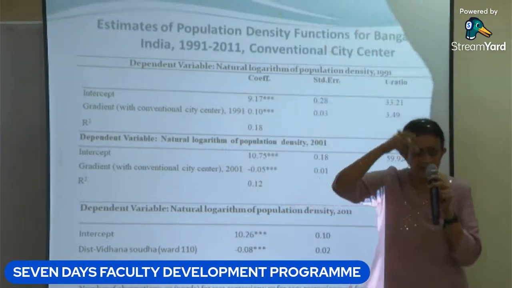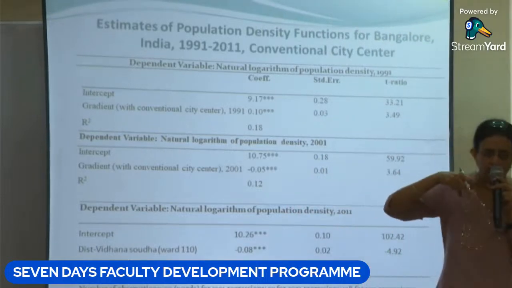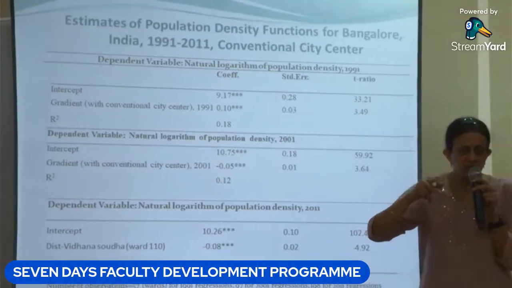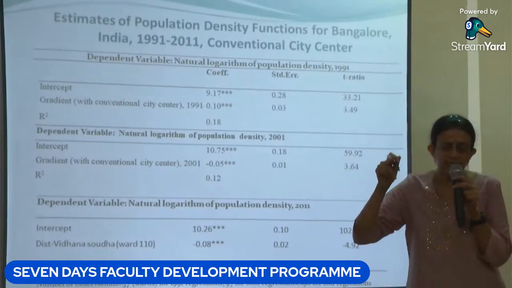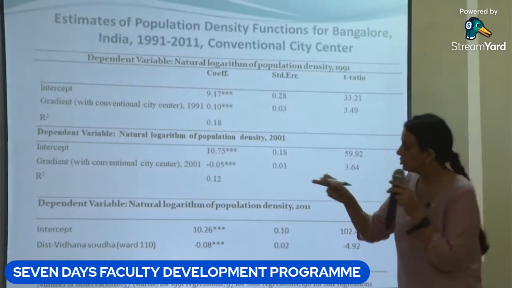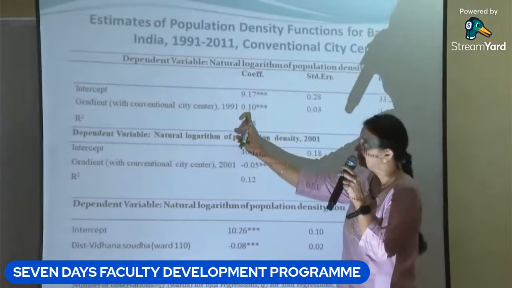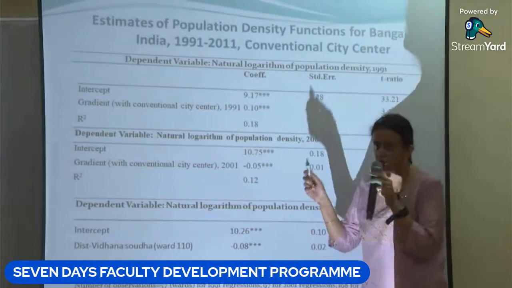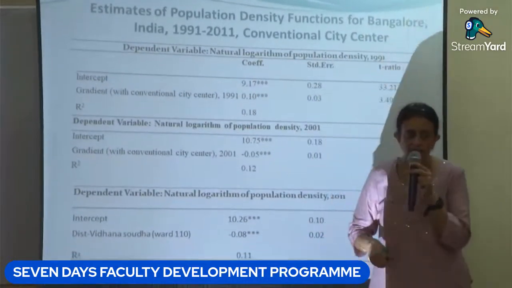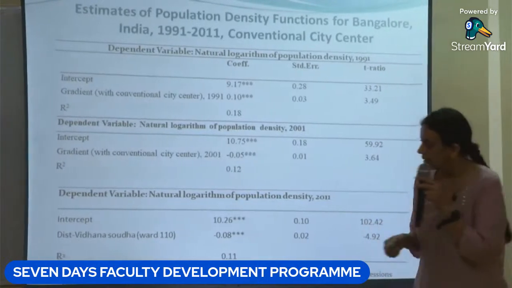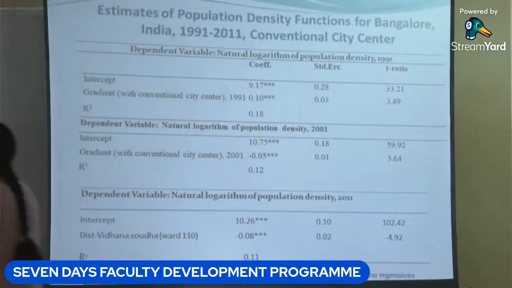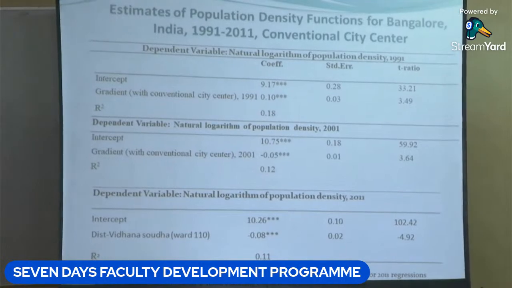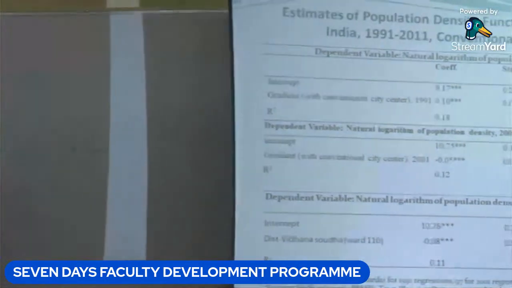So I did a regression of population density on distance from the city center. This is what I got for 1991. This was a positive 0.1. So this means in Bangalore for 91, the population density function was upward sloping.